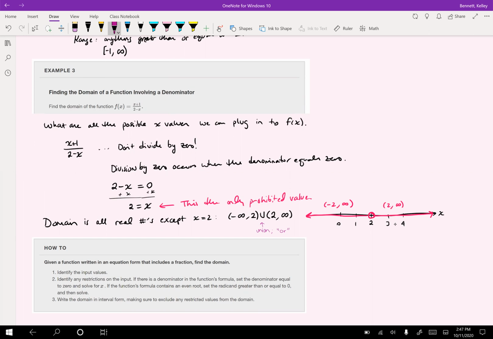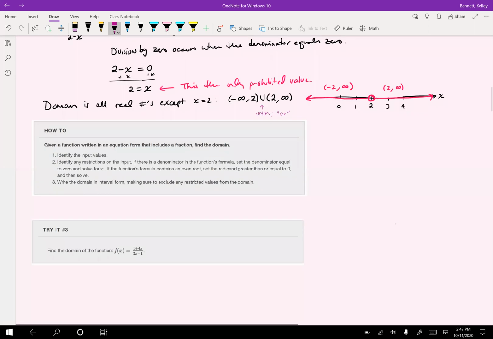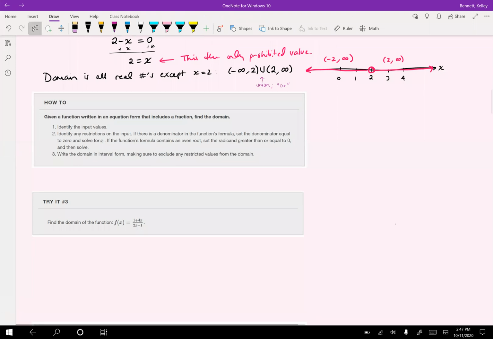So if I have the interval -infinity to 2, I'm okay. Or I could have the interval from 2 to infinity. So the takeaway here is that if we want to find the domain for a function that includes a fraction, then we want to eliminate the possibility of dividing by 0.